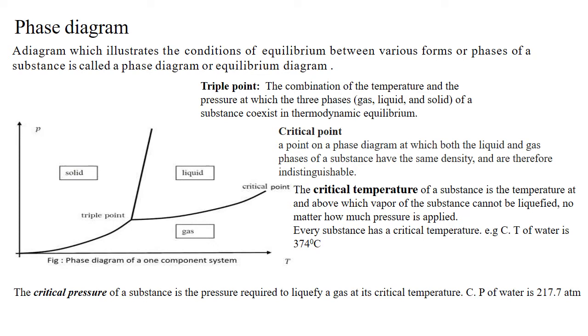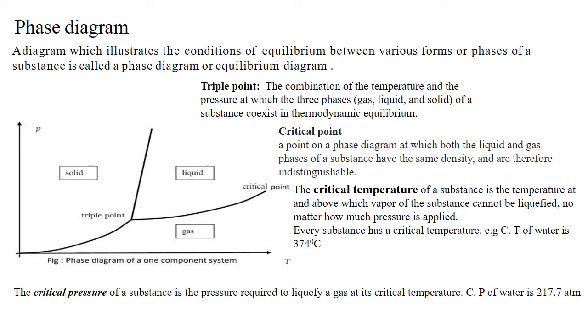The phase diagram consists of three lines. This is the first line, this is the second line, and this is the third line. The three lines are joining each other at this point. This point is common to these three lines.